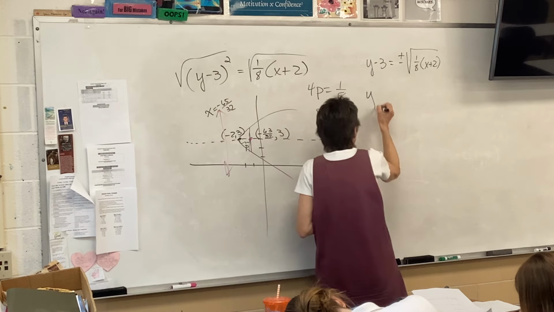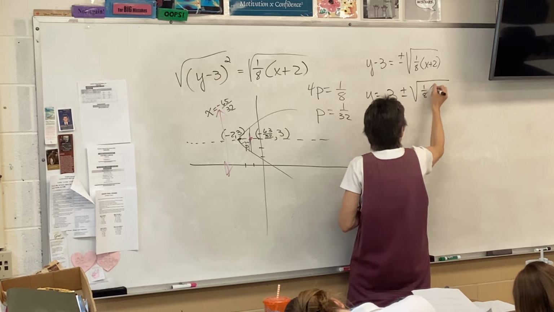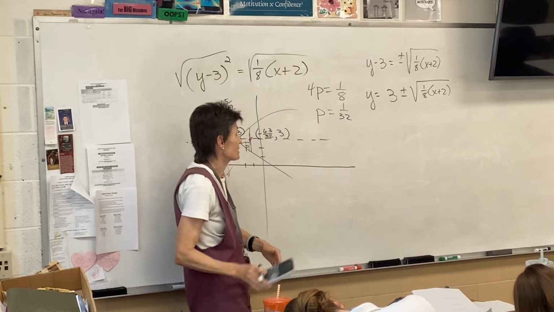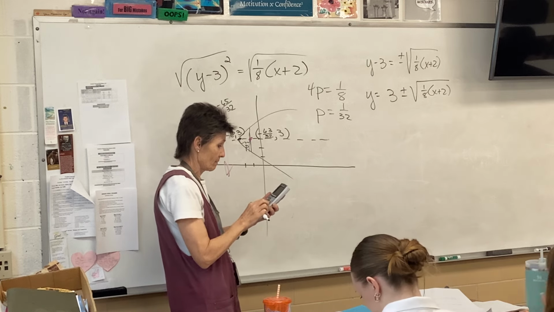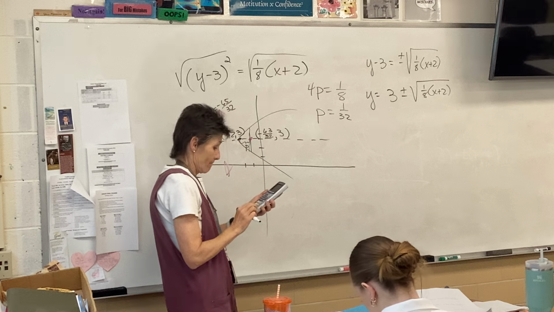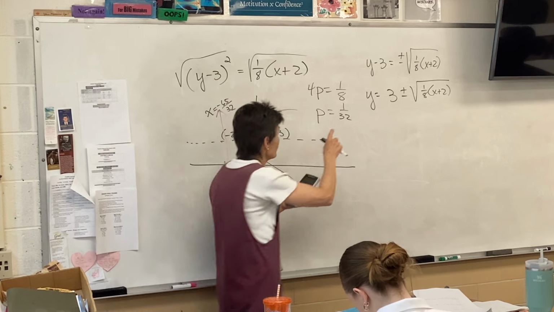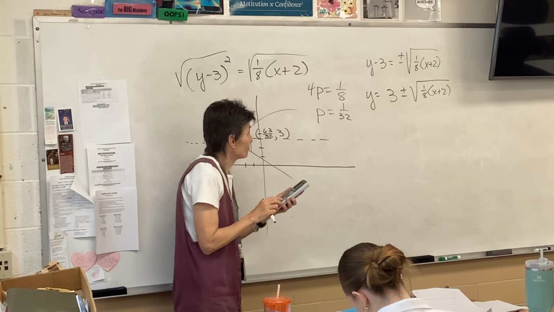So y equals 3 plus or minus the square root of 1/8 (x plus 2). All right, let's see if we get a nice little sideways parabola when we graph these. This time I put the number at the front. You can always put the number at the end if you want, it doesn't matter.